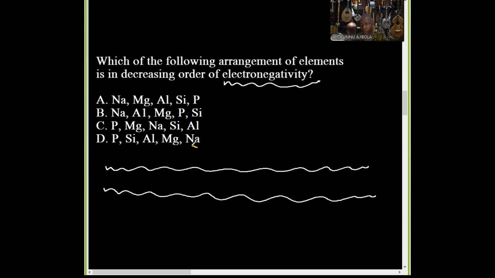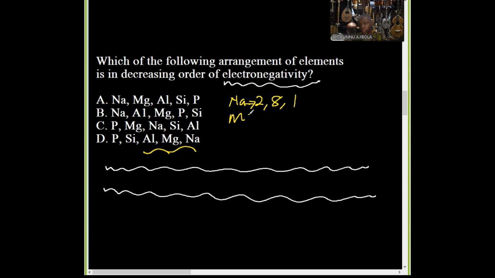Now, let's consider this last option. We can see sodium, magnesium, and aluminium, with sodium higher than magnesium, and magnesium higher than aluminium. Let's consider them. In sodium, we have 2,8,1.